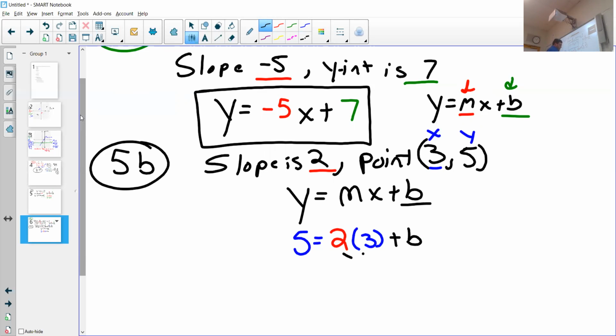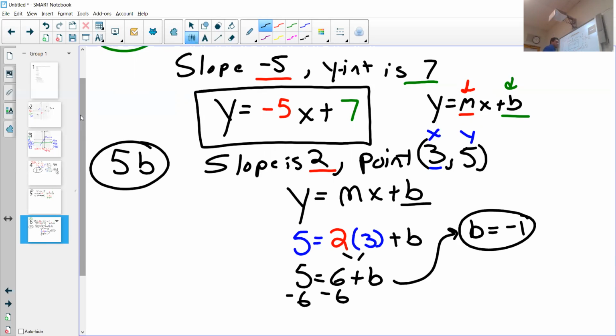So I'm going to do some math. 2 times 3 is 6 plus b. Subtract 6 on both sides. b is going to equal -1. 5 minus 6 is -1. Now I have my slope and I have my y-intercept.